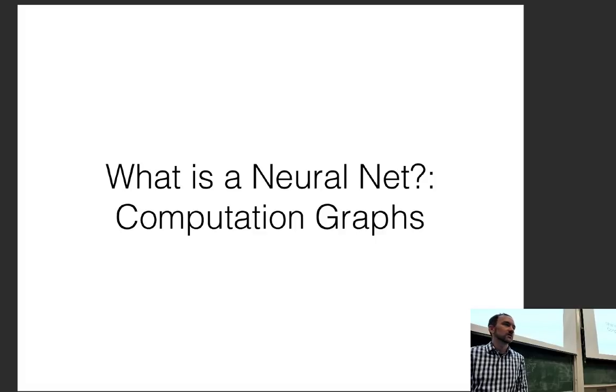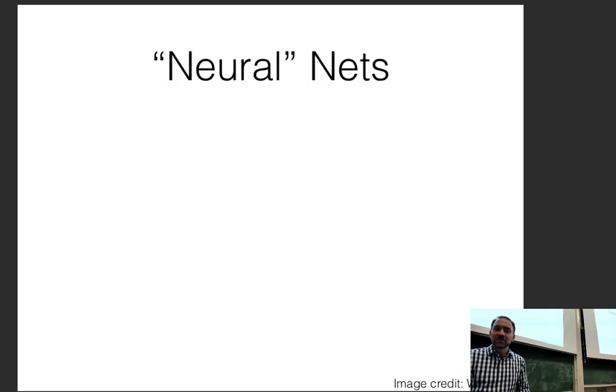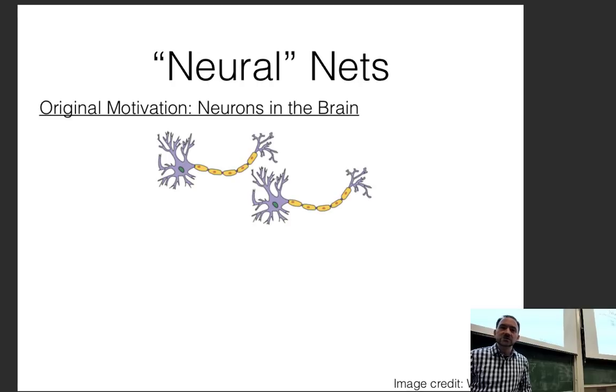Okay. So what exactly do we mean when we say a neural network? The original motivation of a neural network, as I think many people have heard, is neurons in the brain. And this is an illustration from Wikipedia of what a neuron looks like.